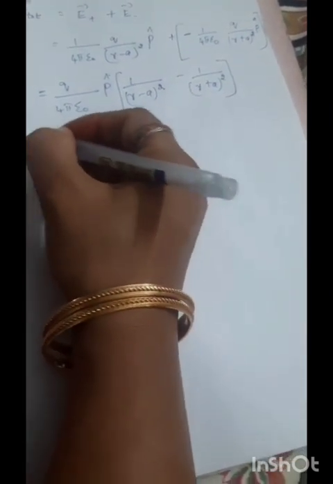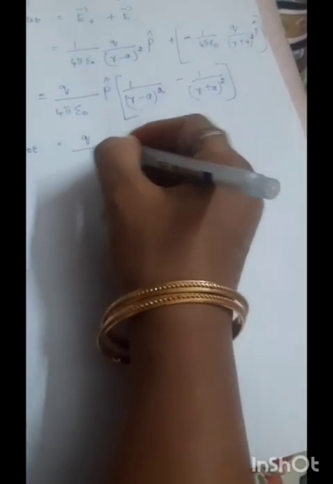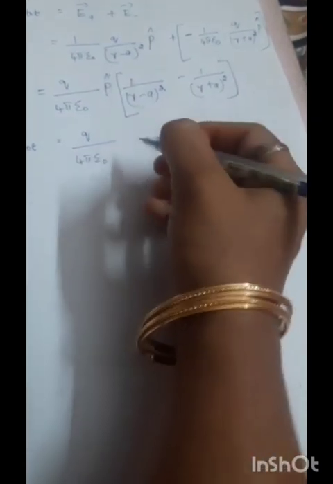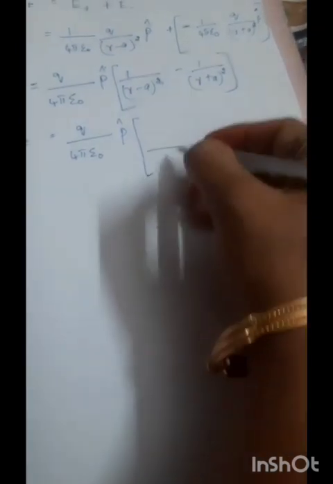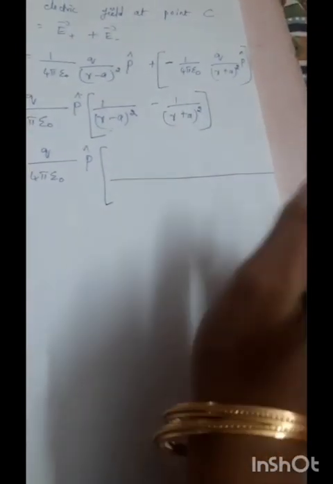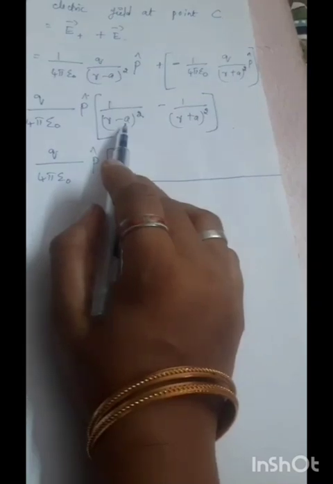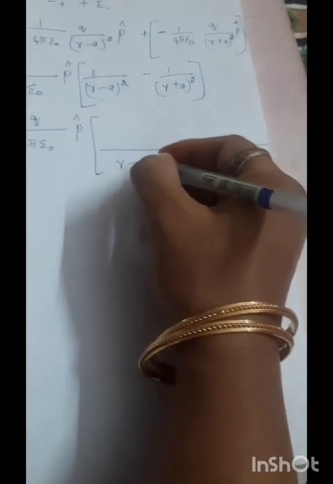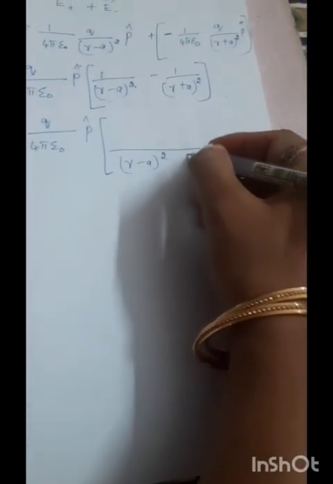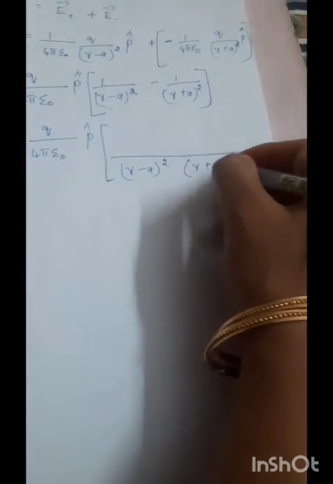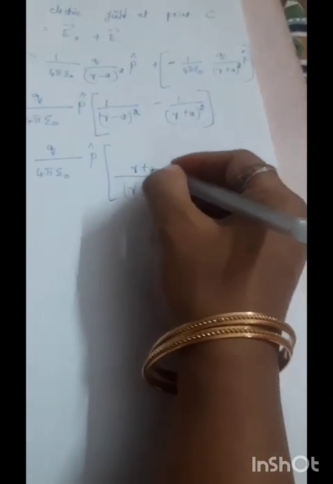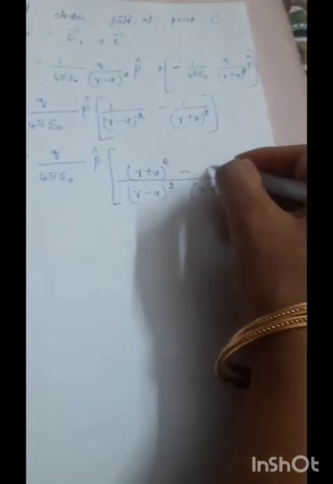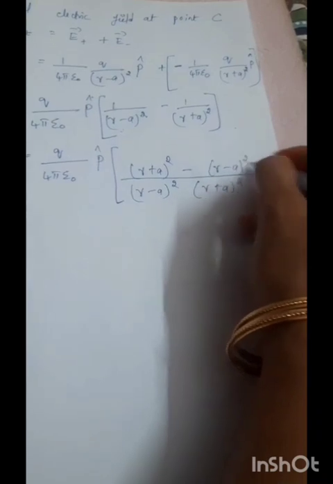So E total is equal to q by 4 pi epsilon naught p cap into, here take the LCM. So how will you take the LCM? This is of the form (r minus a) the whole square into (r plus a) the whole square, and for the numerator you will have (r plus a) the whole square minus (r minus a) the whole square. Is that clear, children?